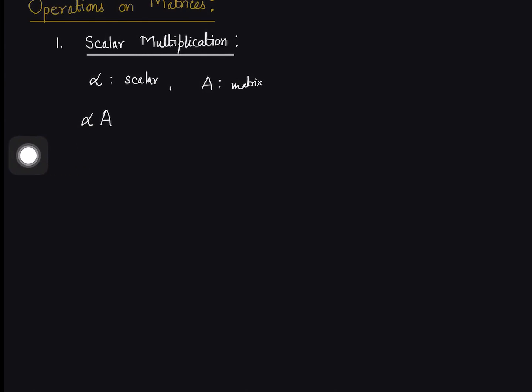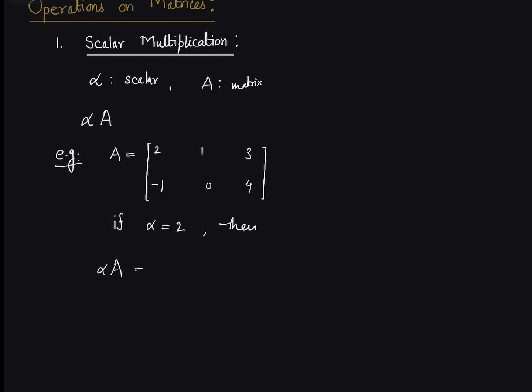So this is called scalar multiplication. So for example, if you have matrix A as 2 1 3 minus 1 0 4, and if alpha is 2, then alpha A will be, multiply with each element, you will get. So this is scalar multiplication.